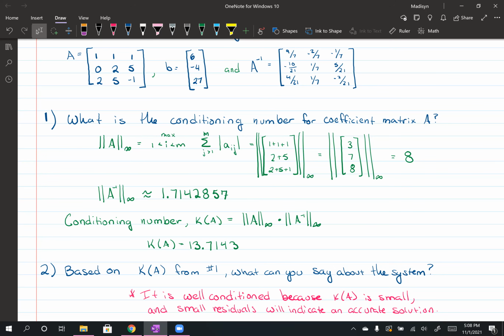So that will clue you in that you need to find both the infinity norm of A and the infinity norm of the inverse of A. We all should know that finding the infinity norm for a matrix entails summing up each row of the matrix and then finding the largest component of the resultant vector. Whatever the largest component is, that is your infinity norm.